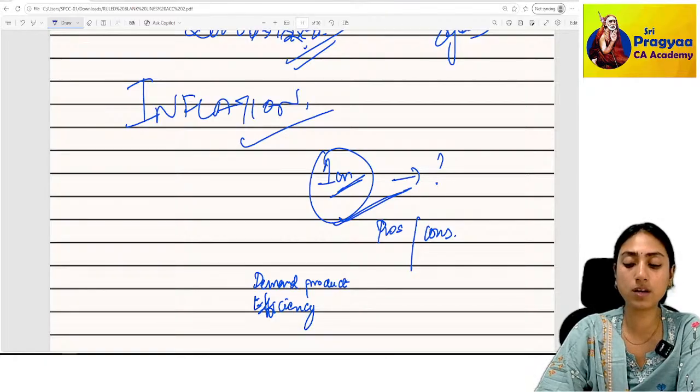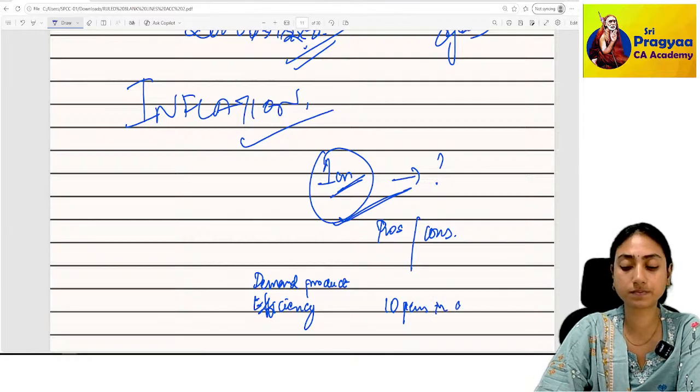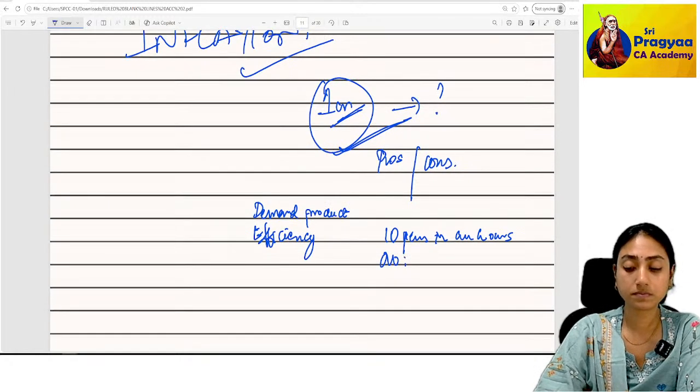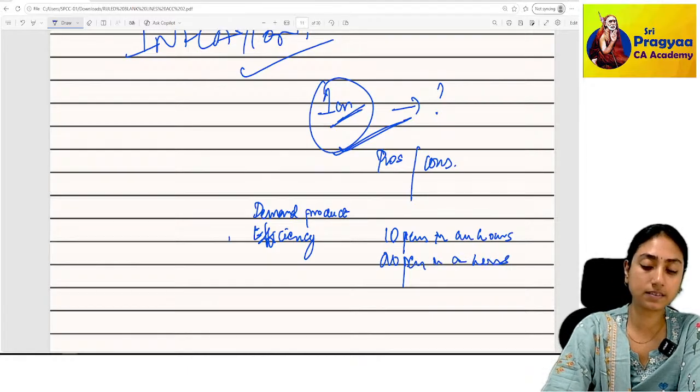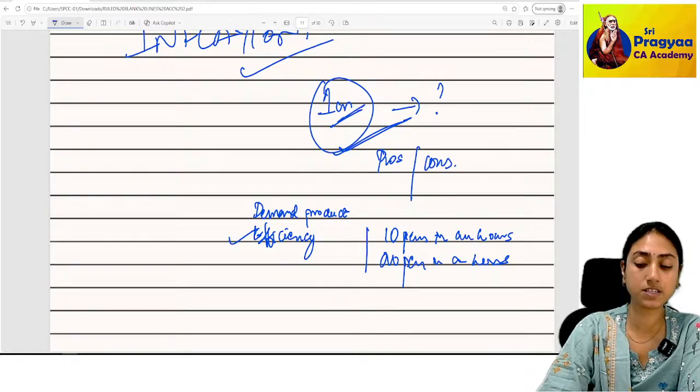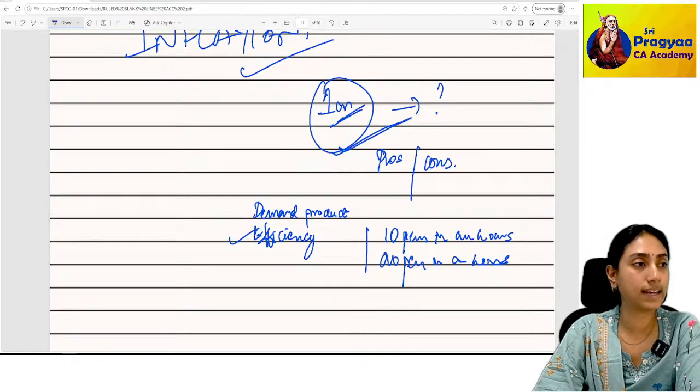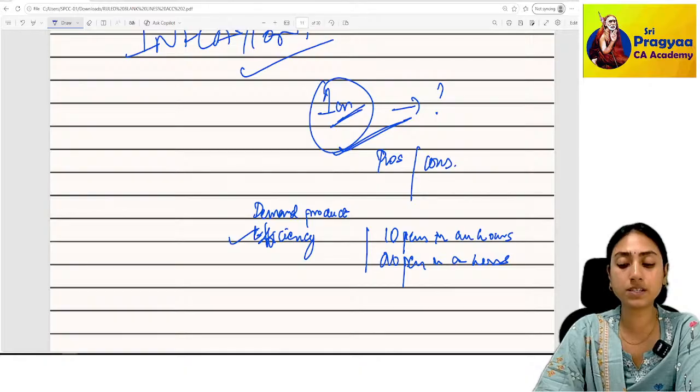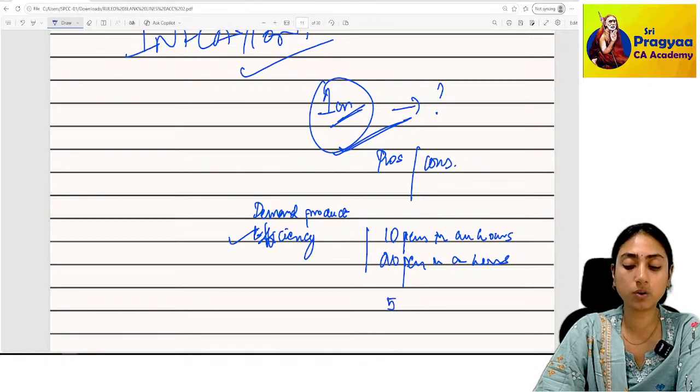Say the older machine used to manufacture 10 pens in an hour. If this machine is going to give me 20 pens in an hour, that is efficiency, correct? That is one way of measuring efficiency. But again, the old machine is going to consume only 5 labors per hour.